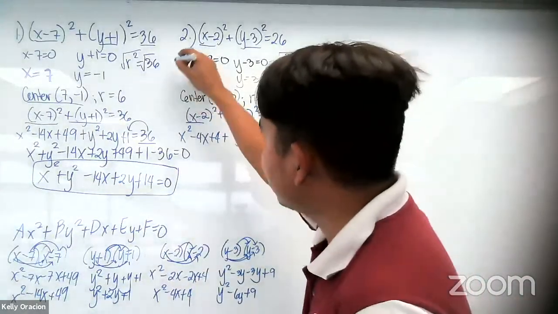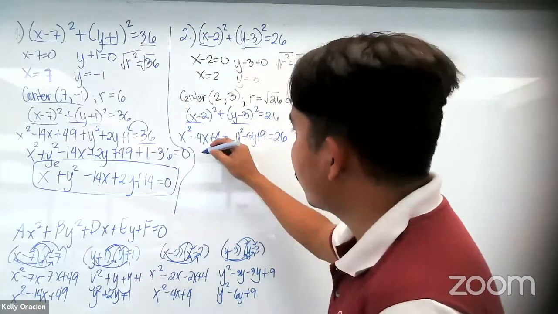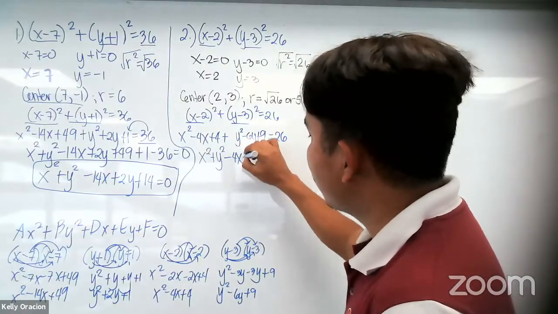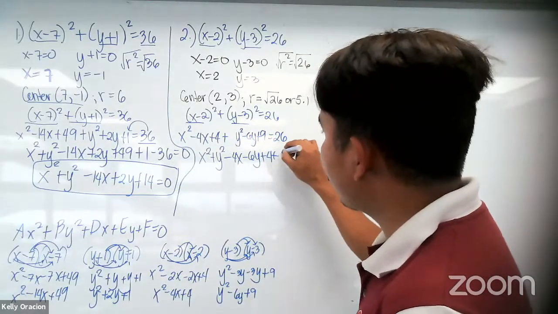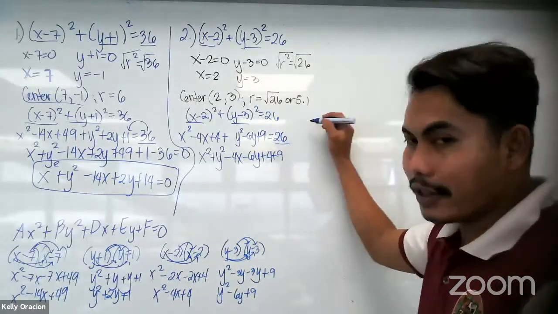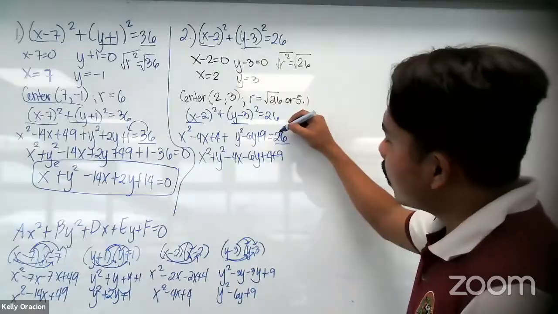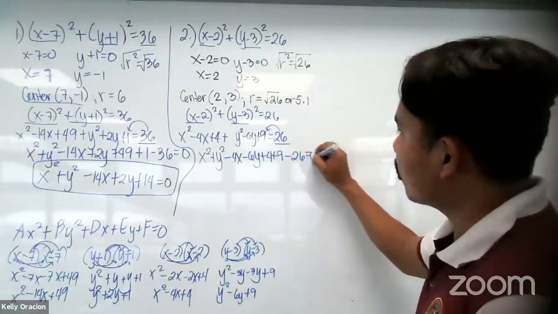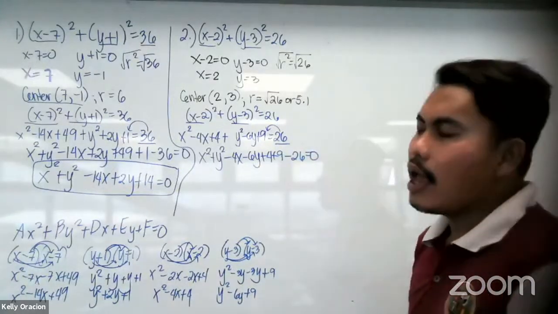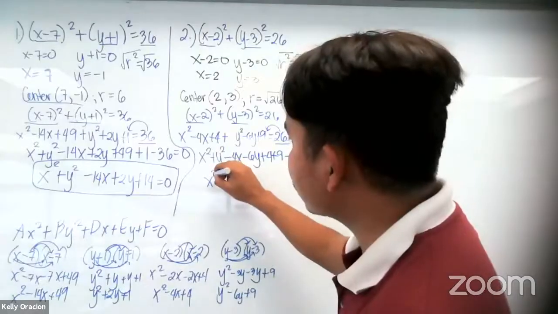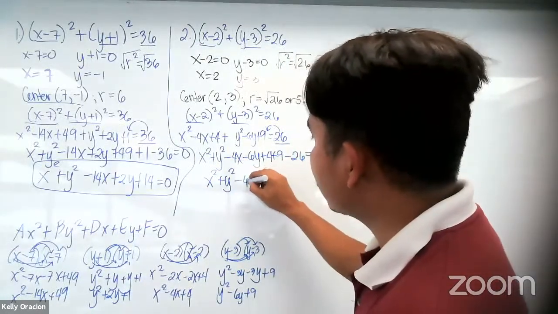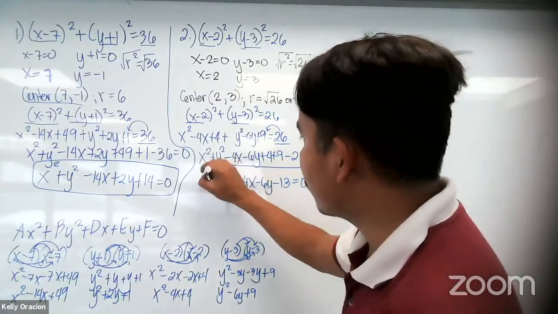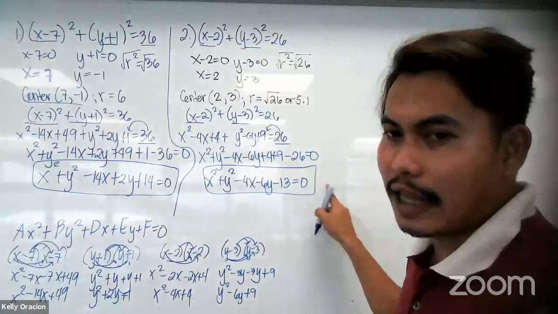So you have x squared plus y squared minus 4x minus 6y plus 4 plus 9. Now this 26, transpose to the other side, it will turn minus 26 equals 0. And you will have your answer, x squared plus y squared minus 4x minus 6y minus 13 equals 0.